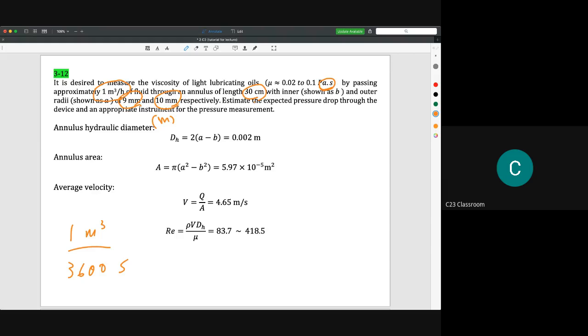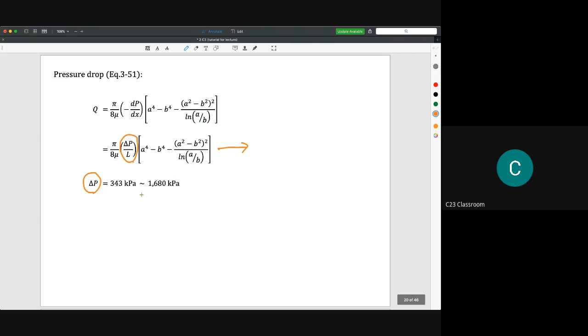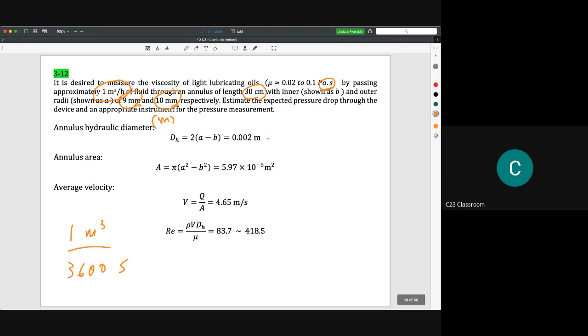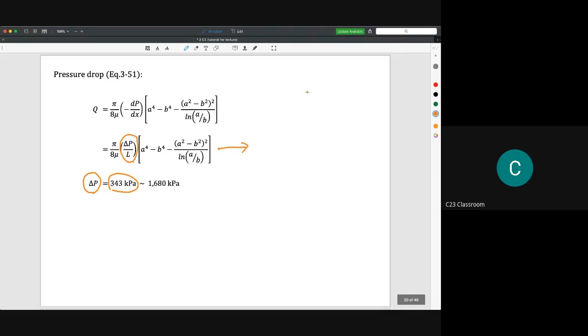And then if you substitute that, you will get around 343 if you use the lower value of mu. And if you use the highest one, 0.1, you will get around 1.68 megapascal.